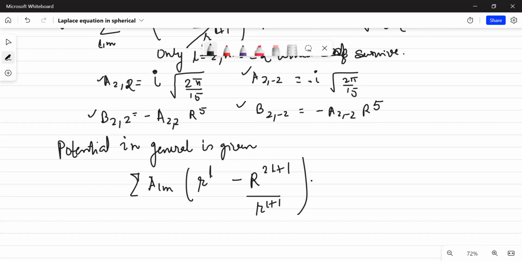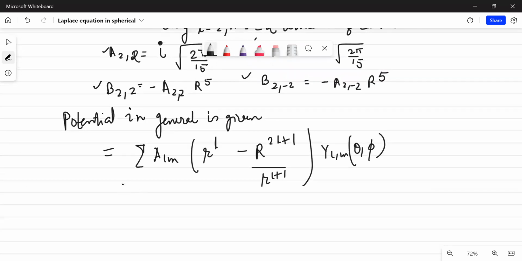I have replaced this already, so why not use this, times Y_lm(theta, phi). So now understand the point that the potential in general would be given by this expression, that is A_lm (r^l minus R^(2l+1) upon r^(l+1)) Y_lm(theta, phi). And now we will only have terms corresponding to l equals 2 and m equals plus minus 2. So you will only have these two terms. Other terms would get nullified.